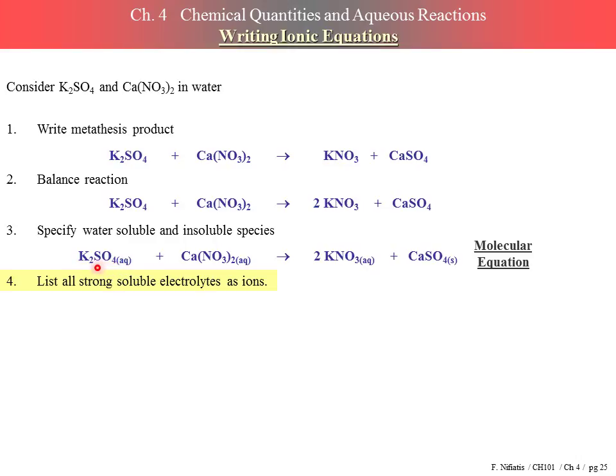So this one here, if I put it in water, it's going to give me two potassiums that are going to be surrounded with water and one sulfate. Here it is. The next compound is going to give us one calcium and two nitrates. Be careful, you will have to put the AQs here. It means that you have the anion or the cation and it's surrounded with water.